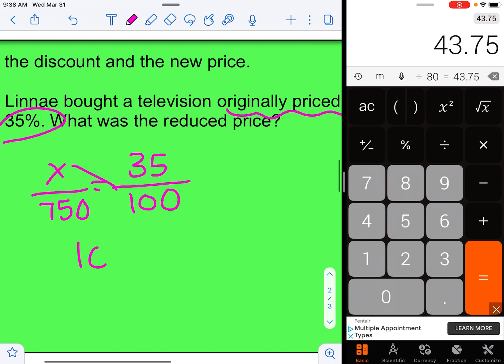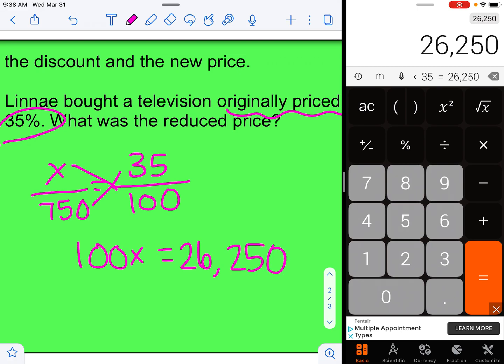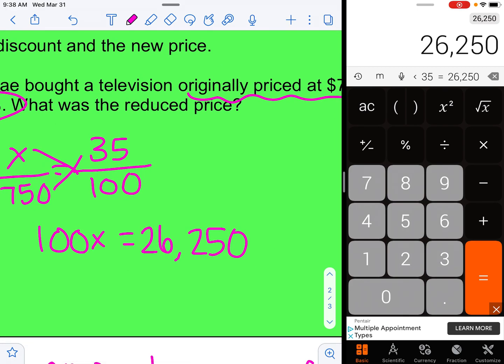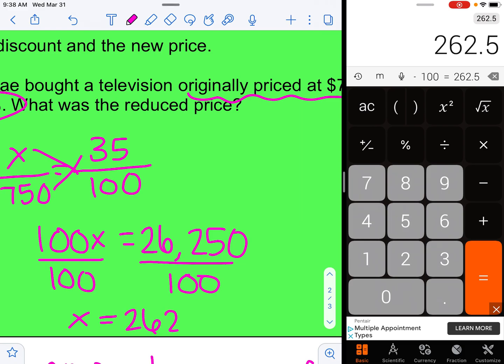X times 100 is 100x, and that's equal to 750 times 35. So we get a giant number, 26,250. Now to solve, we divide both sides by 100. So we get x equals 262.50.